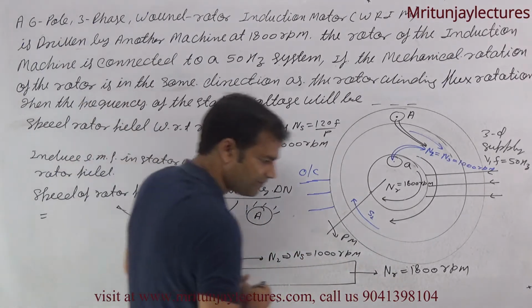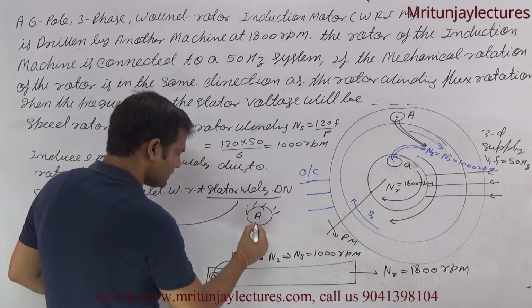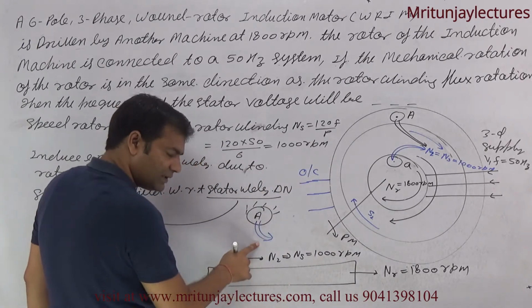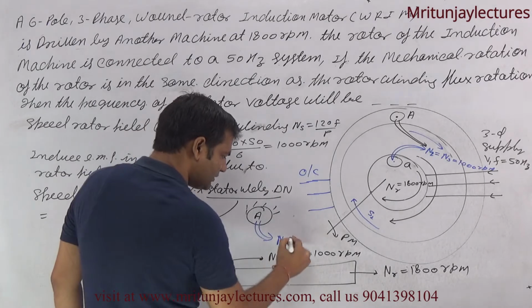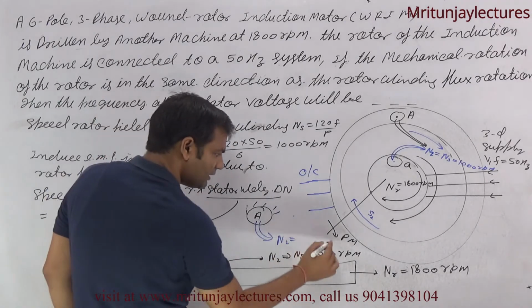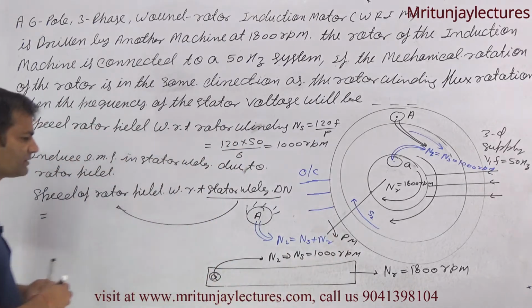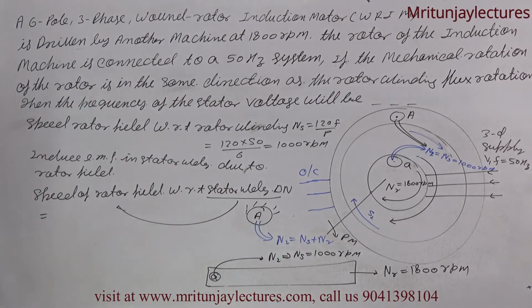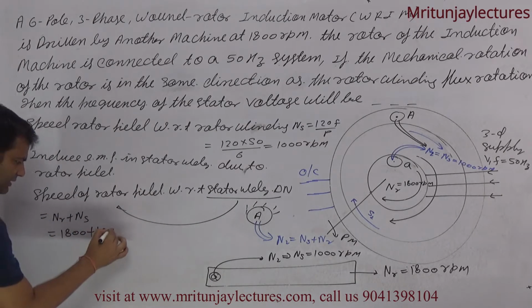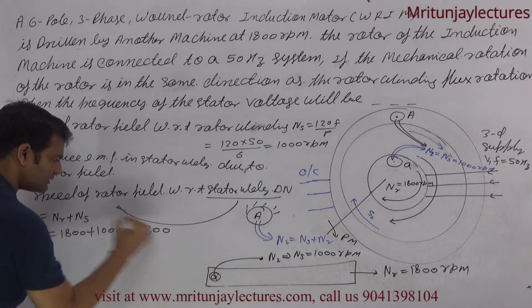Means the field N2 moves like Ns plus Nr, clear? Because both are in the same direction. So this is written as Nr plus Ns, that is 1800 plus 1000, finally like this one.